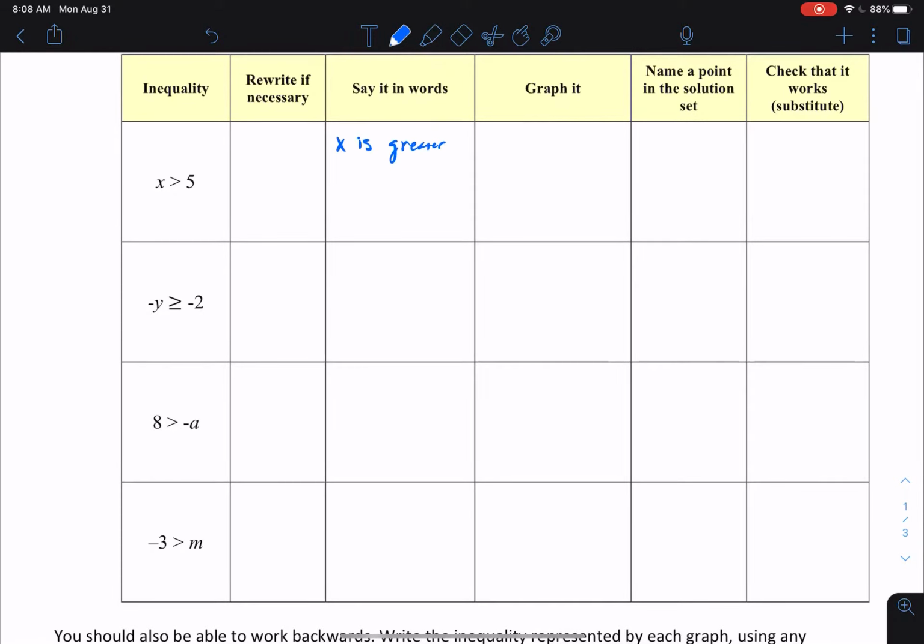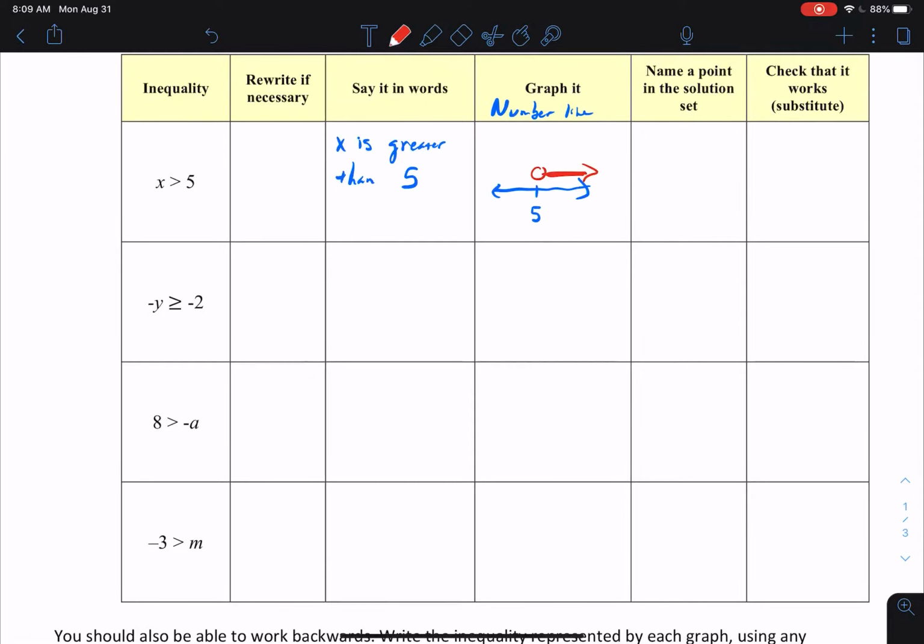Since x is bigger than 5, I cannot include 5. So I'm going to make an open circle at 5, and x is bigger than 5, so I'm going to shade or put an arrow to the region where x is bigger than 5.